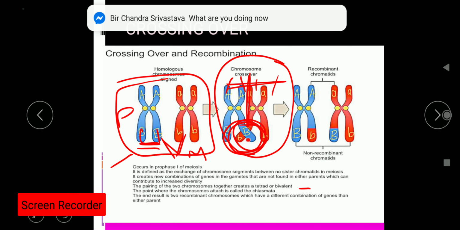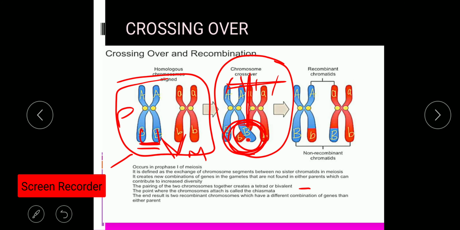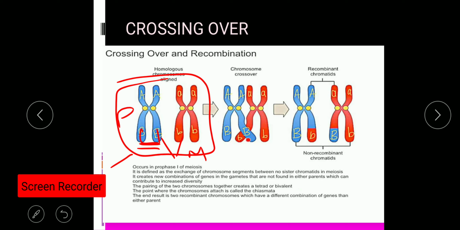The point where the chromosomes are attached is known as chiasmata. This X-shaped structure formed during crossing over is formed in the non-sister chromatids of homologous chromosomes.